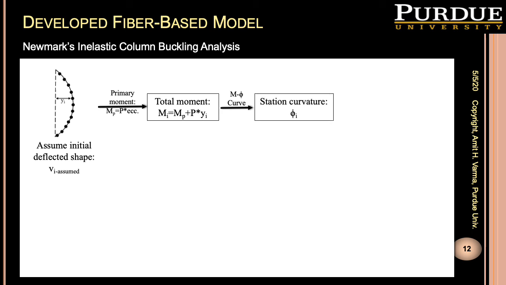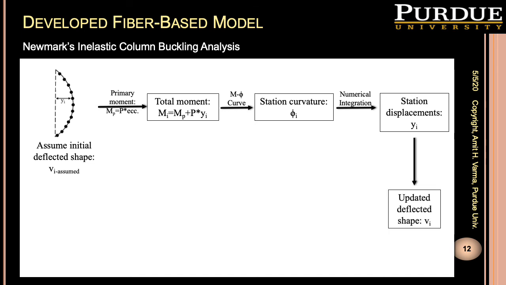An updated deflected shape is then calculated by numerical double integration of the curvatures. This shape is compared to the assumed shape at the beginning of the time step, and the iterations were carried out until a convergence is achieved.